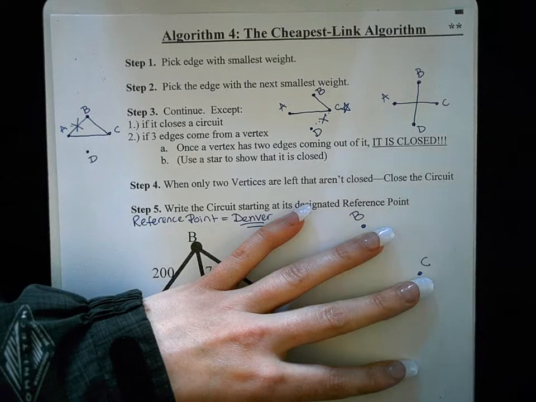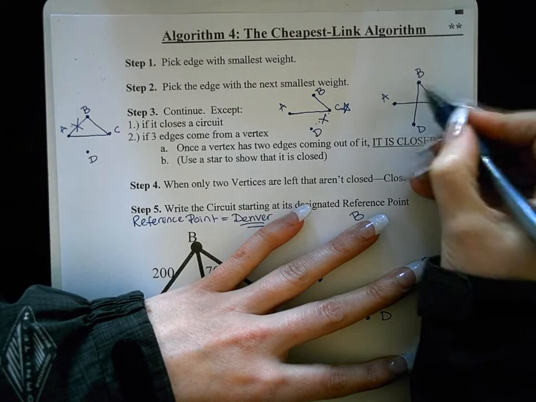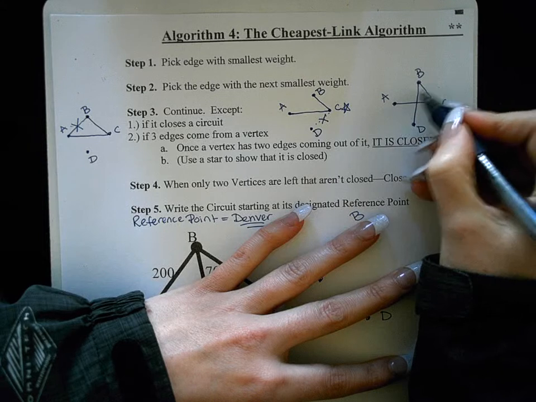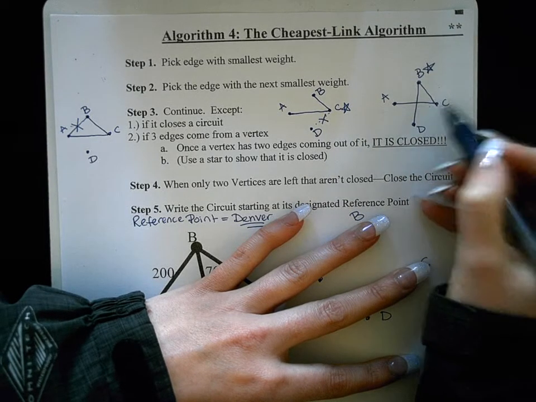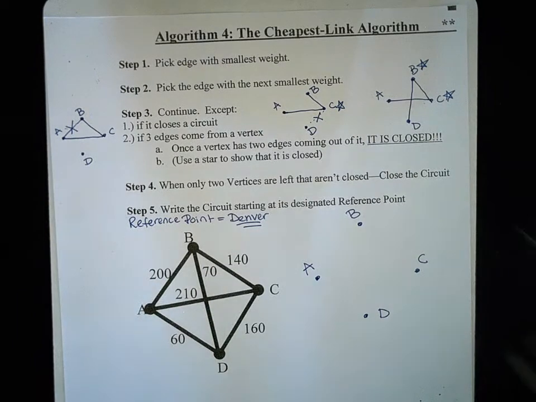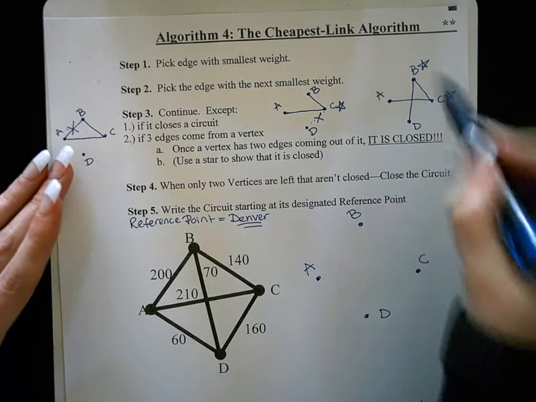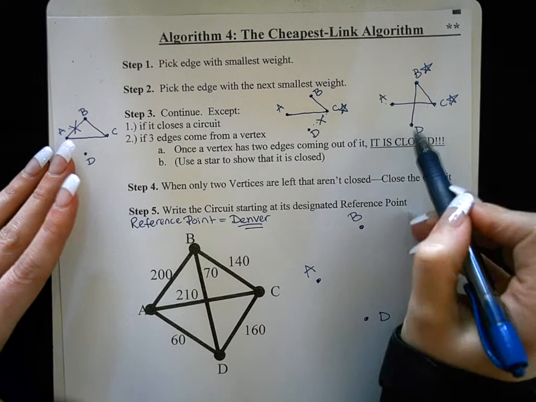Let's say the next smallest edge is BC. Well, B has 2 edges coming out of it, so now B is closed, and there's also 2 edges coming out of C. C is closed. Now, if you see, every other vertex is closed except for the last remaining 2. A is open and D is open.